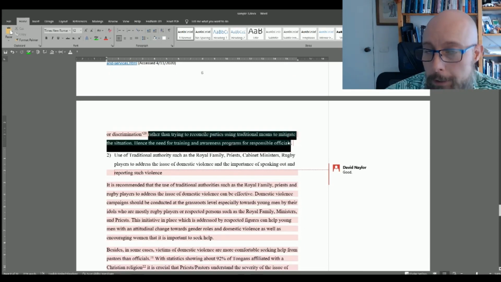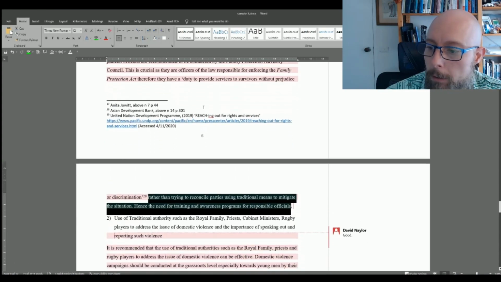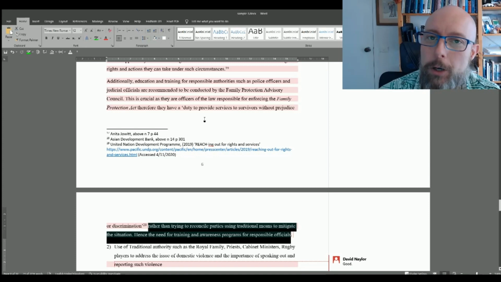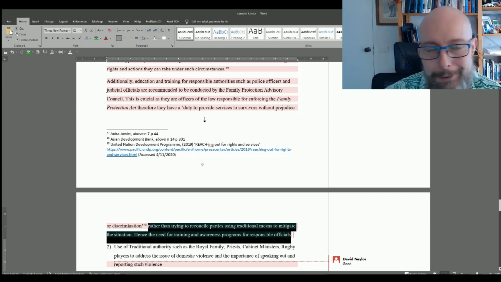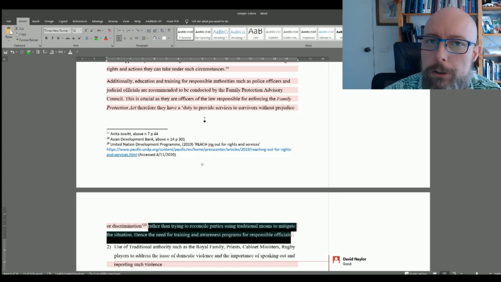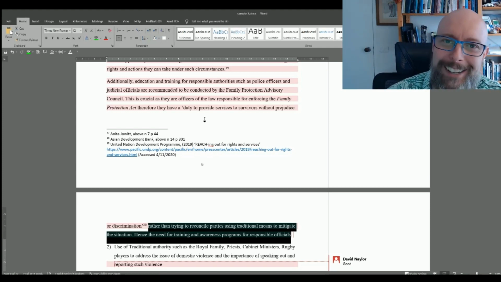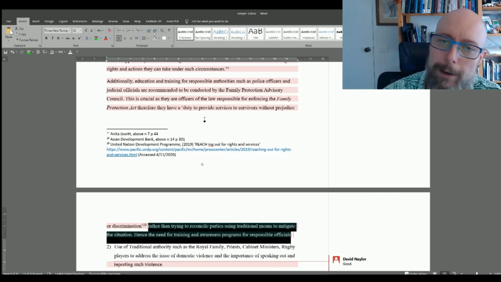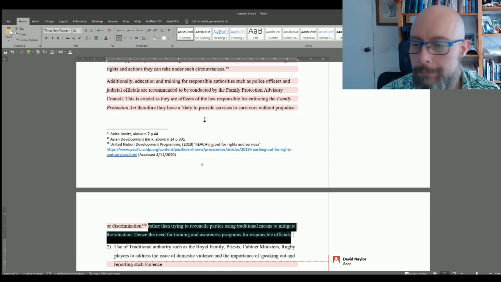And rather than using traditional means. So again, we're getting at the problem here of police and others in authority, perhaps discouraging women or children from reporting acts of violence. You don't want to report your father for that. You're just going to cause trouble for the family. You don't want to do that. Well, I'm not going to write down your report. No, I'm just not going to write it down. You need to sort this out inside the family. Okay?